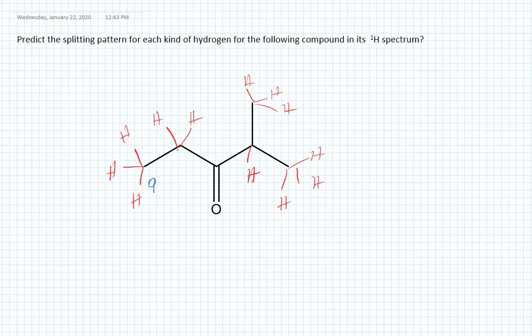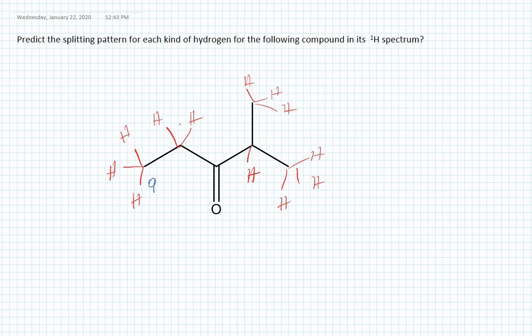The next carbon has two hydrogens, and these can be enantiotopic, because when we change one of the hydrogens with something else, this carbon is going to be a chiral center, and since this is a prochirality center, we can call them enantiotopic hydrogens.